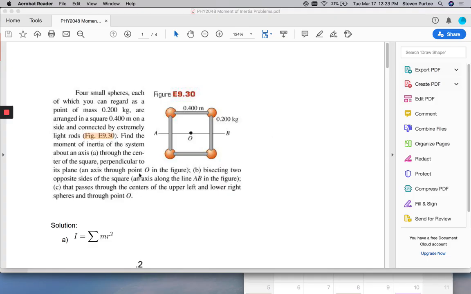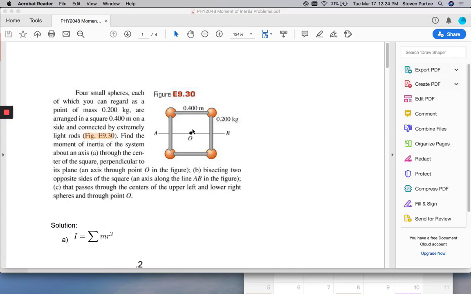So part A here, we're going to find the moment of inertia through the center of the square perpendicular to the plane. So our axis of rotation comes through this point and points out of the screen towards you. So the thing is rotating around like this. Then the moment of inertia is the sum of the masses times each mass's distance from the axis.